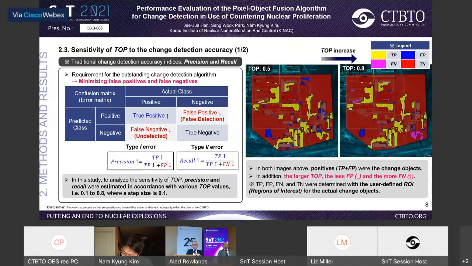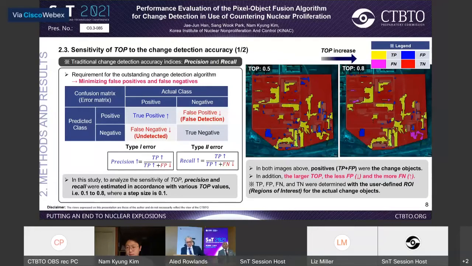Therefore, in this study, to analyze the sensitivities of TOP, precision and recall were estimated in accordance with various TOP values, that is 0.1 to 0.8, where the step size is 0.1.